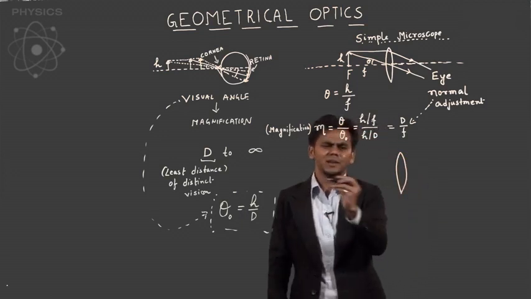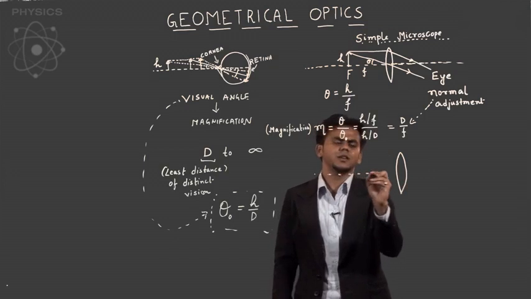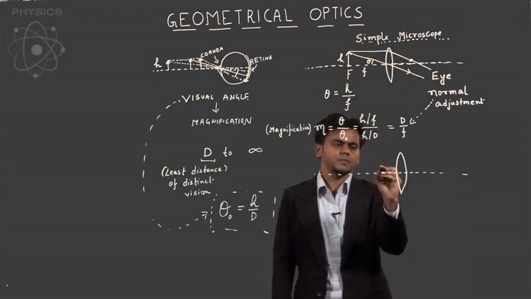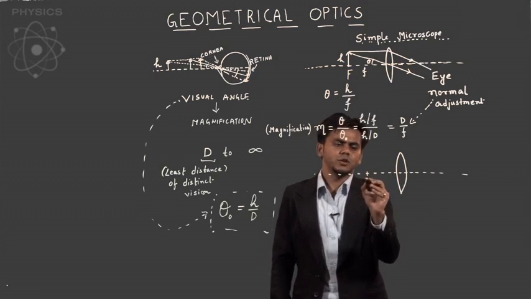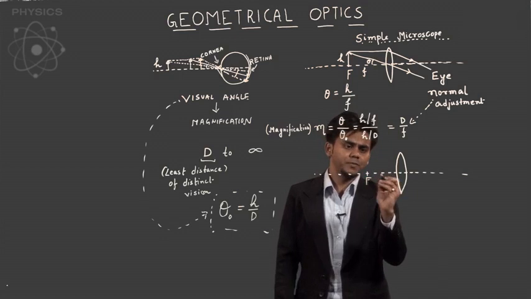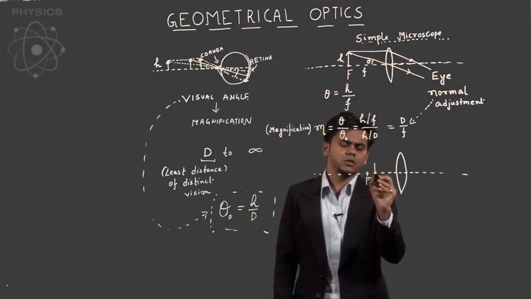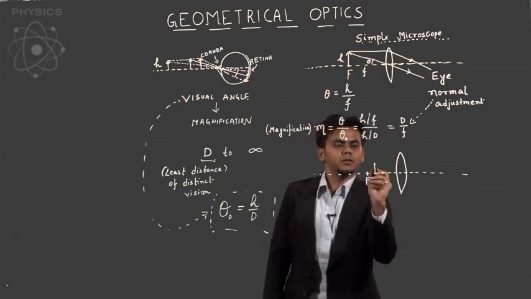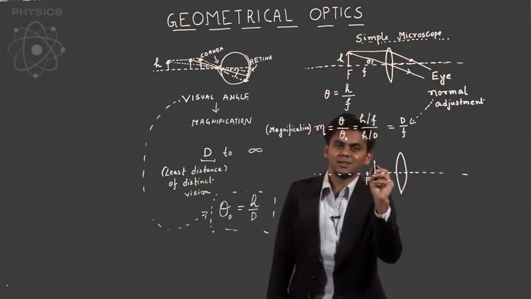This again is the same lens which I'm using, the converging lens. This is your f. I've brought the object closer. So let's say this is the same length, right? So I'll measure with my hand. It's not perfect, but yeah, it does the work.